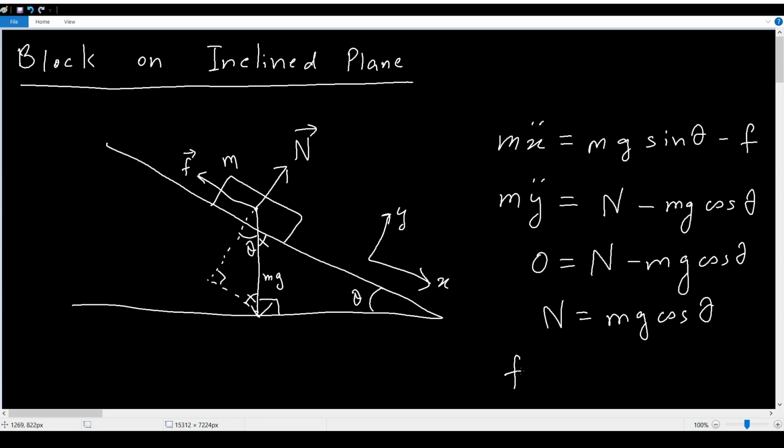And remember that the friction force is simply the coefficient of friction mu times n. So the frictional force is mu mg cos theta.